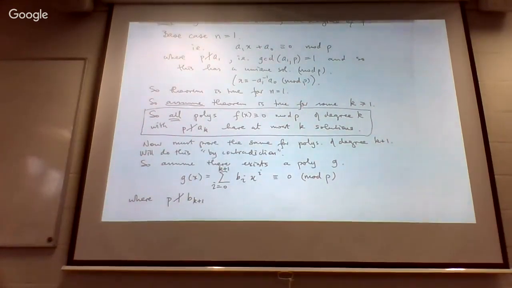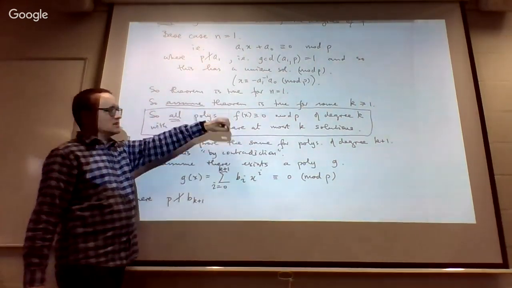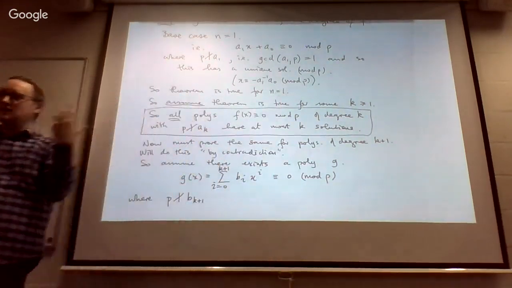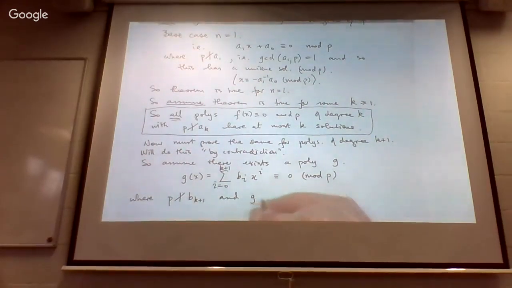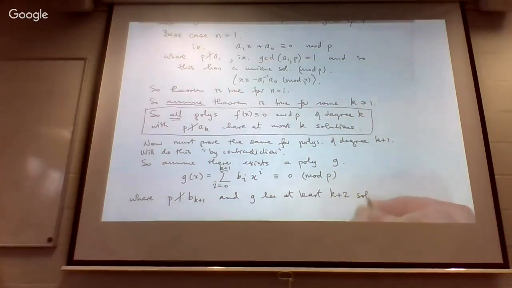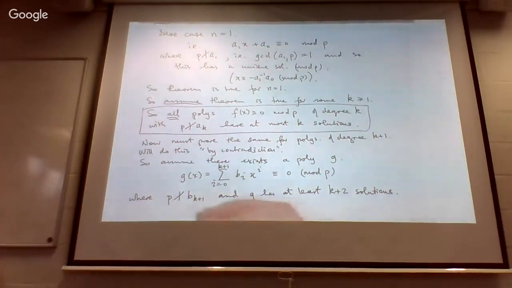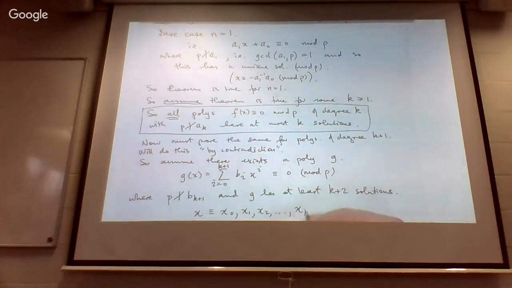But it is a bad polynomial. It has too many solutions. It must violate this condition in the box for k plus 1. So k plus 1 is not an upper bound for the number of solutions. G has at least k plus 2 solutions. Let's denote those as x0, x1, x2, up as far as x k plus 1.